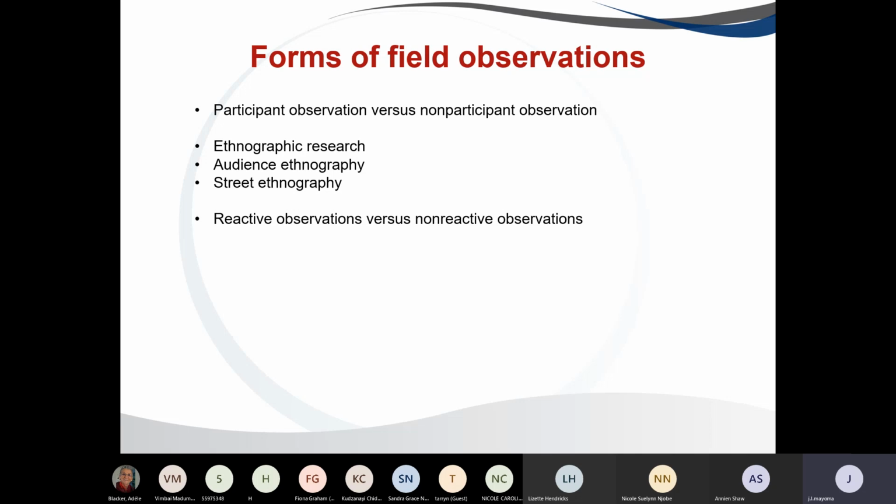I like that these concepts really speak for themselves. So participant observation is this type of field work where you as the researcher go into a particular setting to observe, but you don't just observe, you actually participate, right? Hence participant observation, you're observing as a participant.